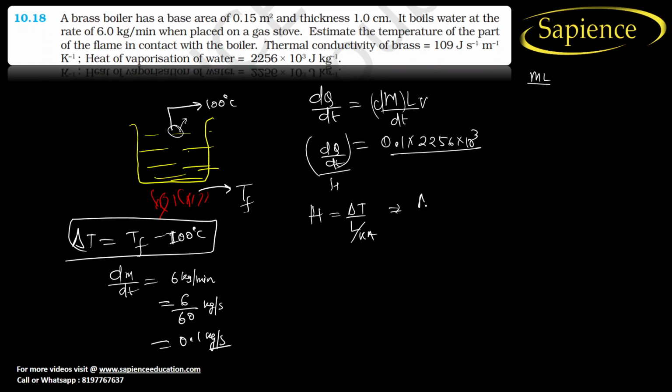So from here we can find delta T as H into L by KA, where L is the thickness.